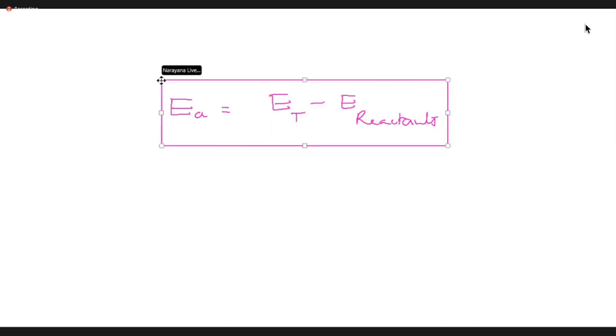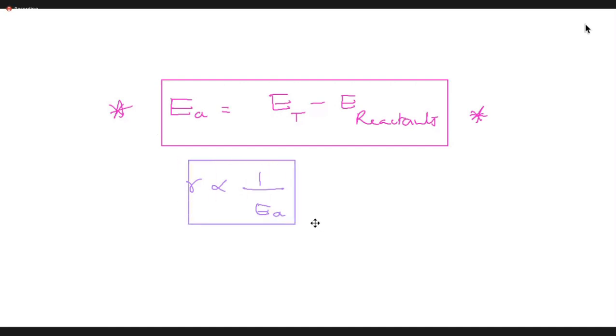Next, the energy difference between threshold energy and energy of the reactants is called activation energy.